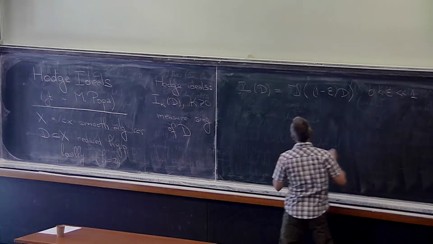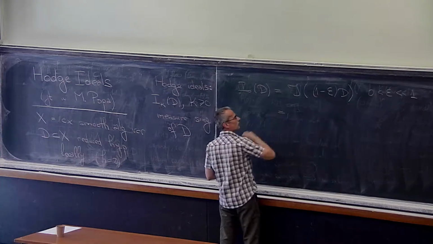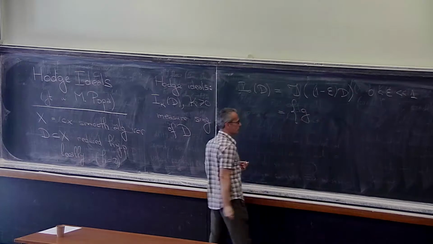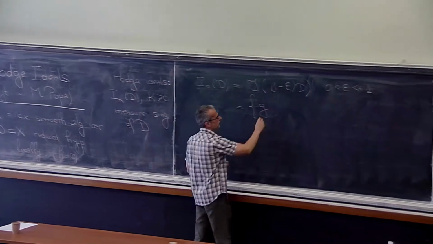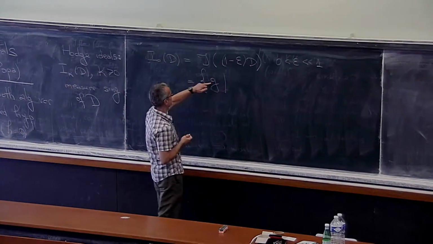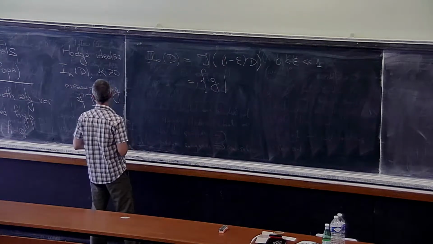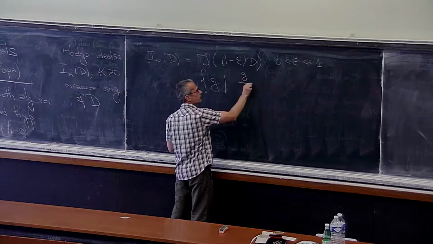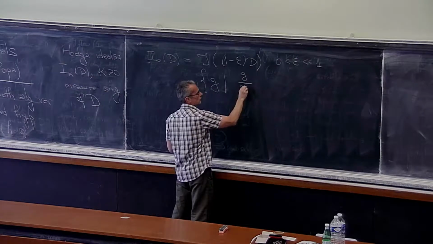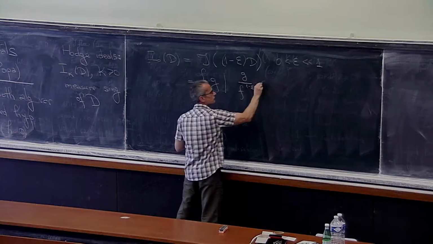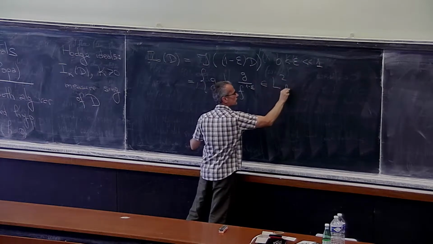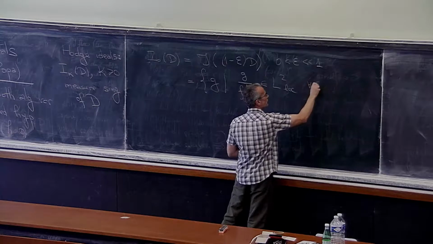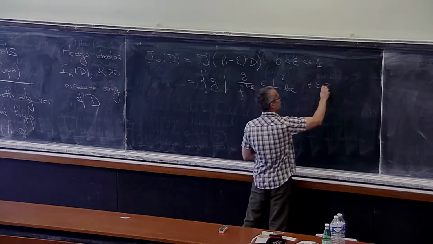What this means is that this consists of all functions g with the property that, usually you have g over h locally L2. In this case, g over h to the power 1 minus epsilon is locally L2, for all epsilon positive.